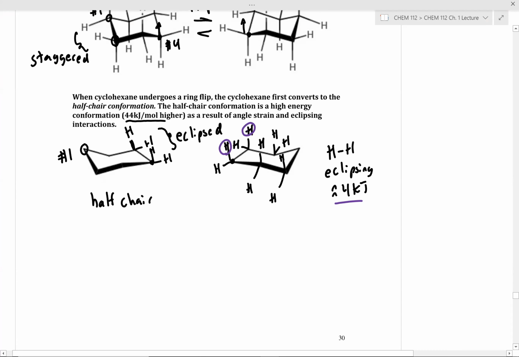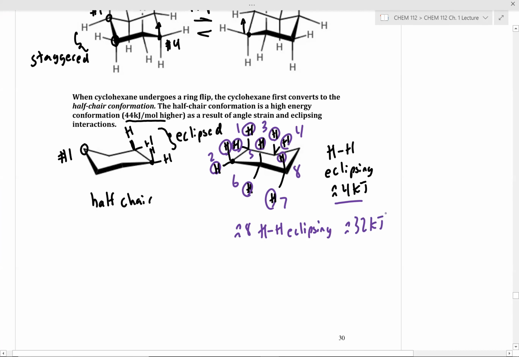I count 1, 2, 3, 4, 5, 6, 7, 8. So we have at least approximately 8 hydrogen-hydrogen eclipsing interactions, which we would expect to cost us about 32 kilojoules.